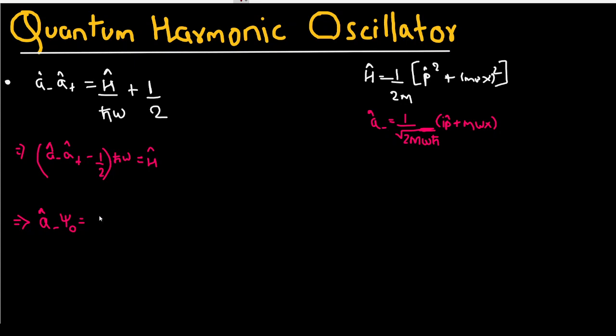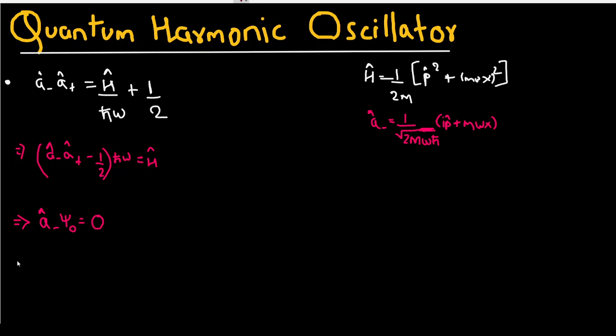Continuously applying the lowering operator to the wave function, the energy decreases to 0. So yes, we can write it. We have derived our Hamiltonian in the form of the raising and lowering operators. It means the wave function that we have written will give out the harmonic oscillator wave functions.